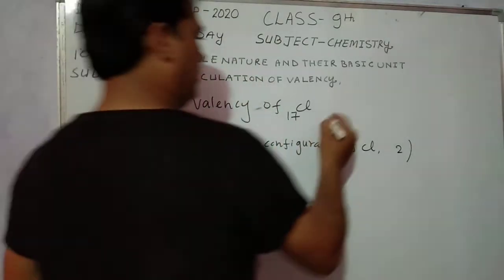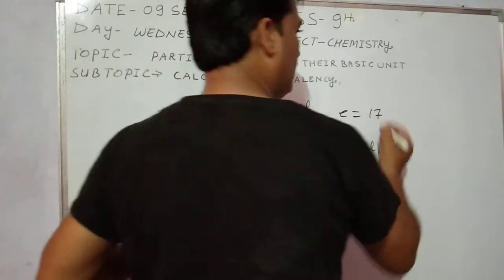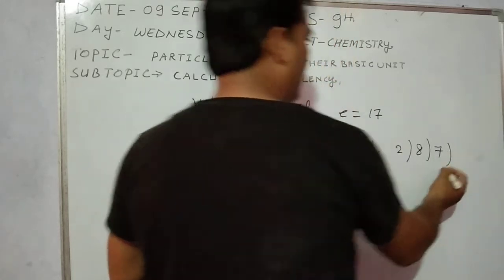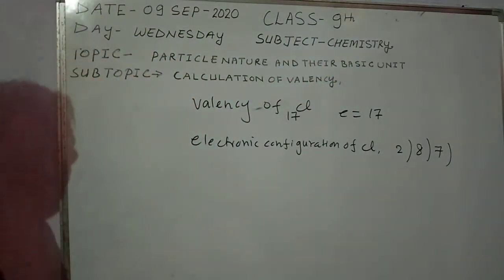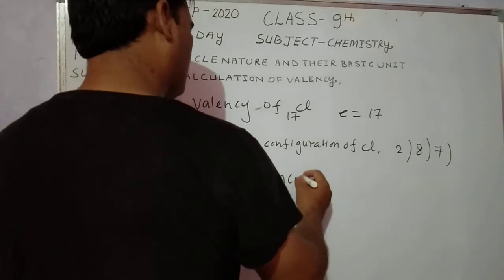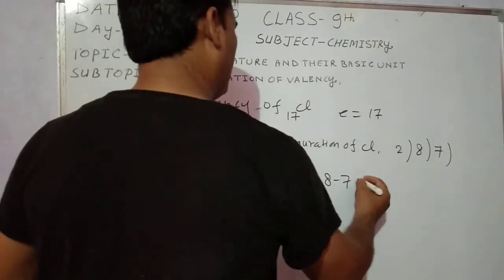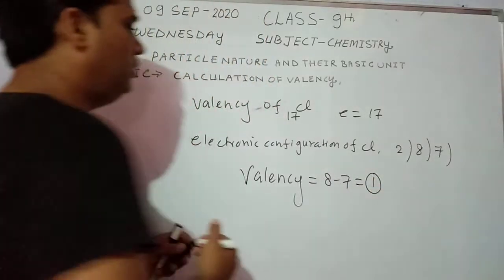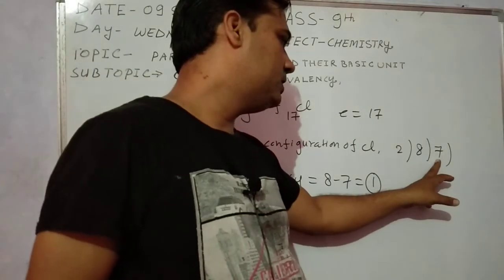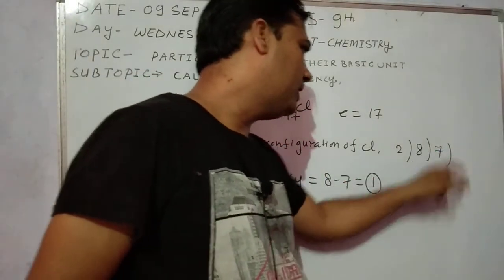Total number of electrons is equal to 17. So valency is equal to 8 minus 7, that is 1. So the valency of chlorine is 1, because to complete its octet it requires 1 electron.